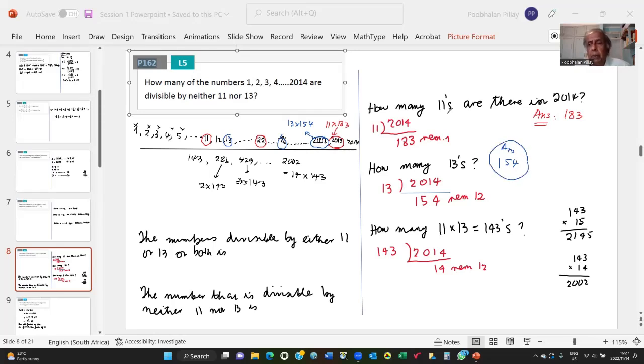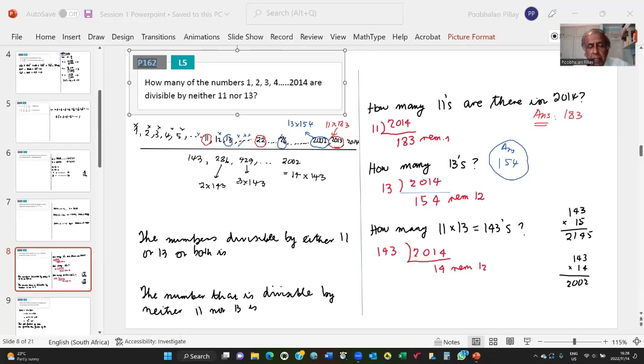So your feeling would be that the total number of numbers which are divisible by either 11 or 13, right? The question is, how many of them are divisible by neither 11 nor 13? So you have to really look at all the crosses. 12 is one of those crosses, and all in between. So you want to know how many numbers have got crosses in them.